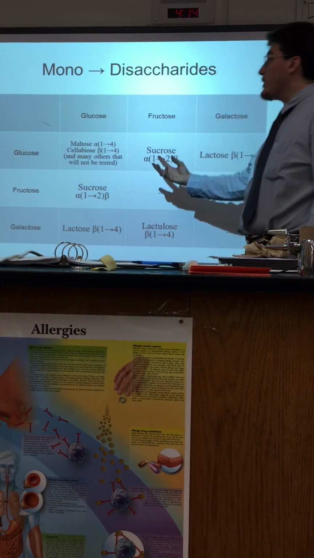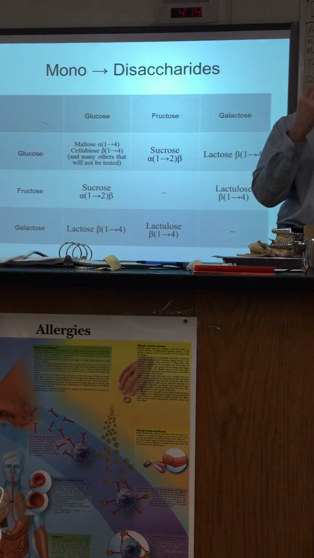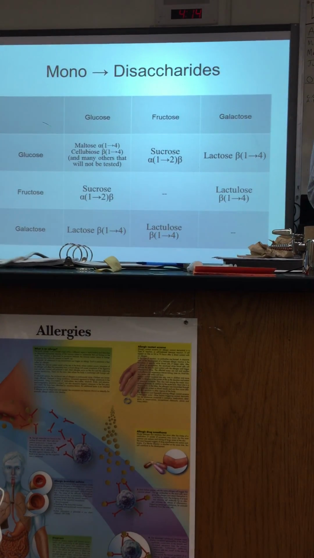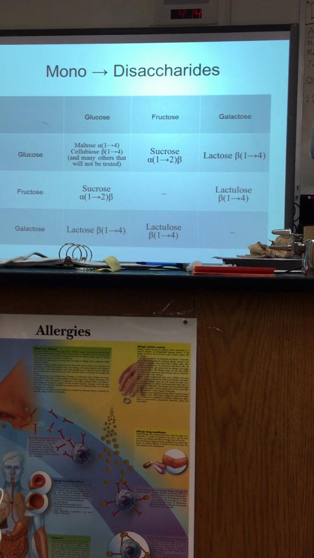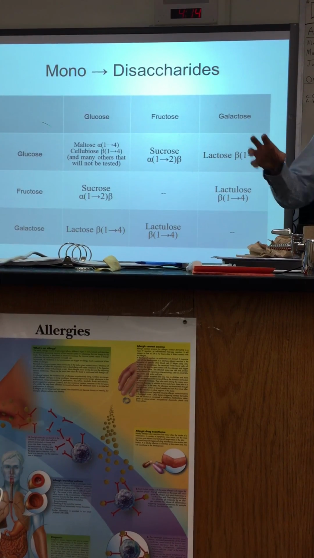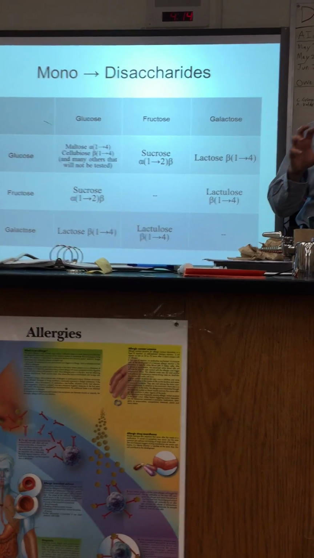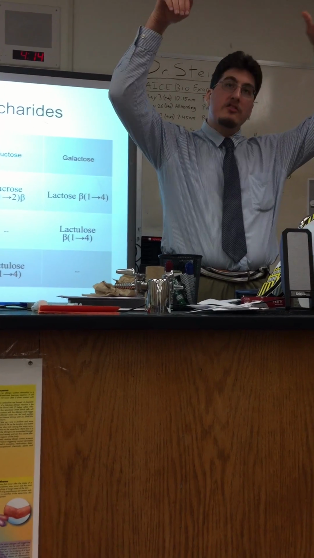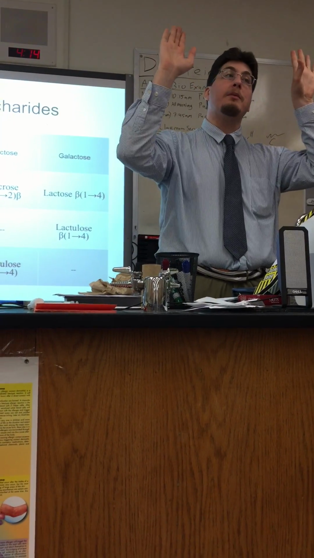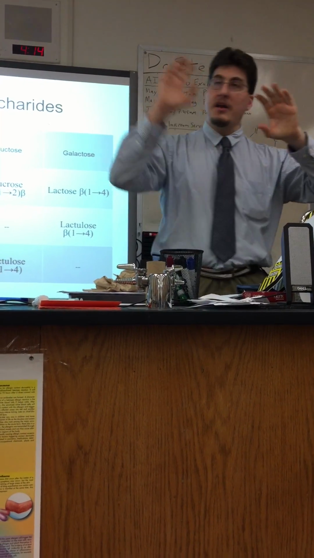So, glucose and glucose connect by a 1,4 glycosidic linkage. If it is an alpha 1,4, then it is 2 alpha glucose molecules combining, where they are in the same orientation. The hydroxyl groups are both down or both up on either side.